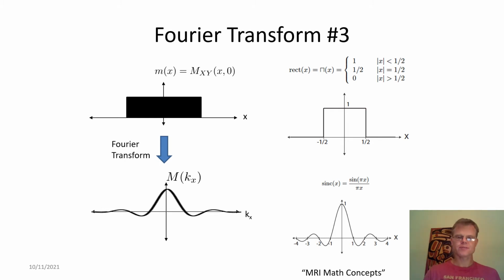The rect function is basically a function that exists for some length and is 0 beyond that. And then the sinc function looks like this, and now you've seen this a couple of times. sinc of x is sine of pi x over pi x. The rect function and the sinc function are a Fourier transform pair of each other.